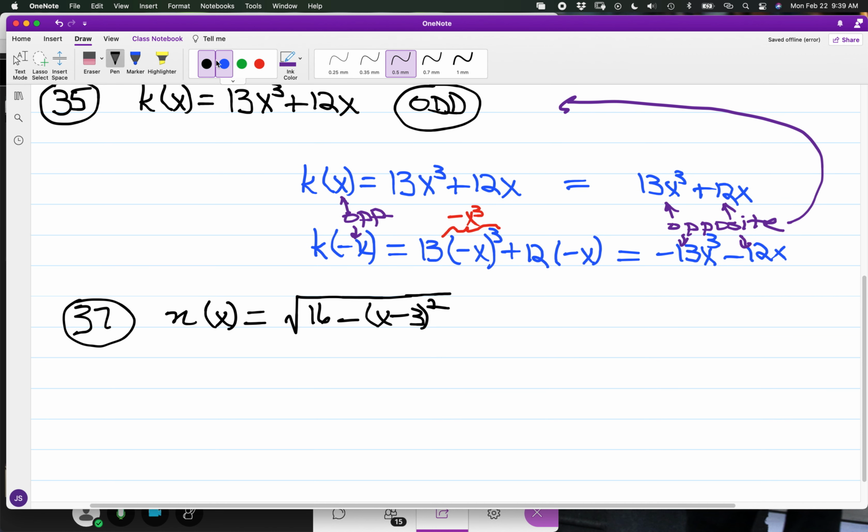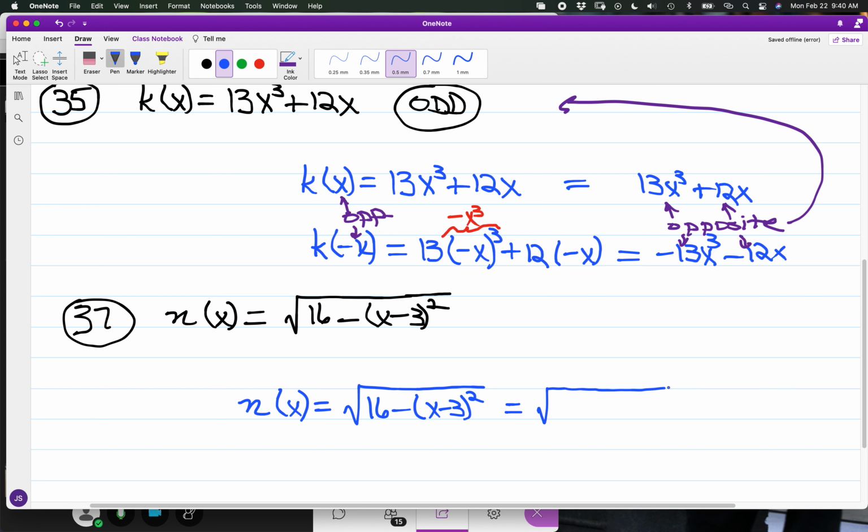And just for n of x, if I display what I have here in expanded form, I have 16 minus the square of x minus 3 inside this radical.